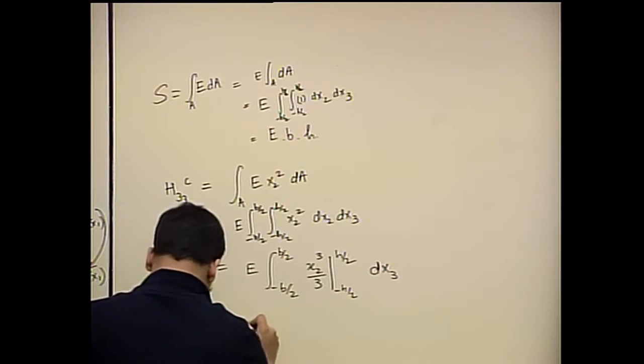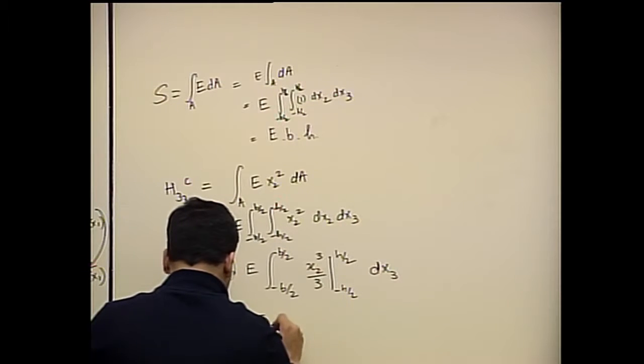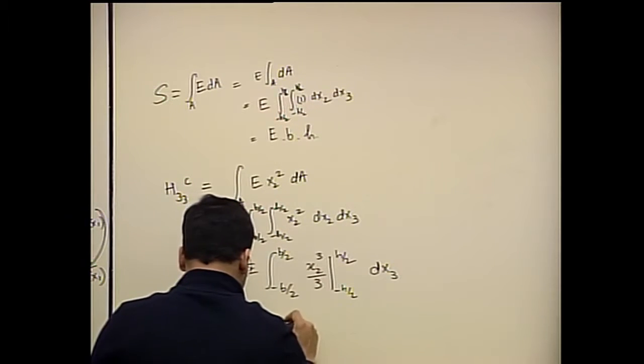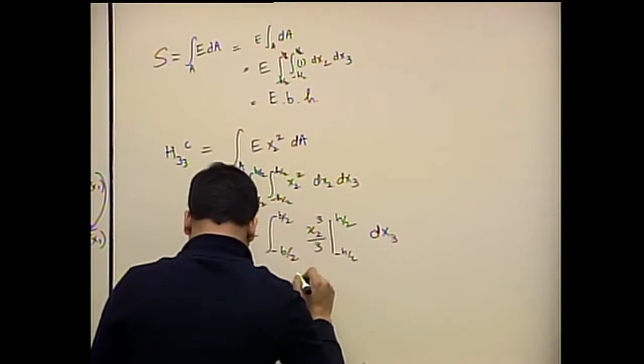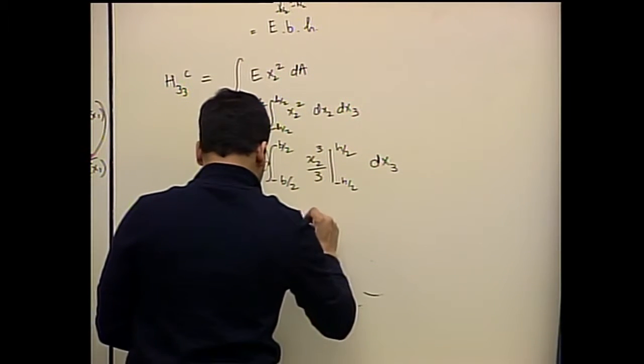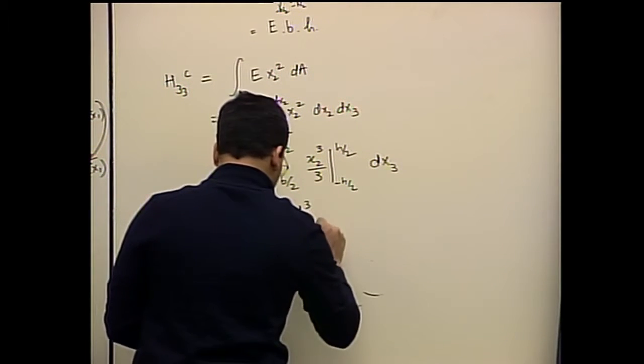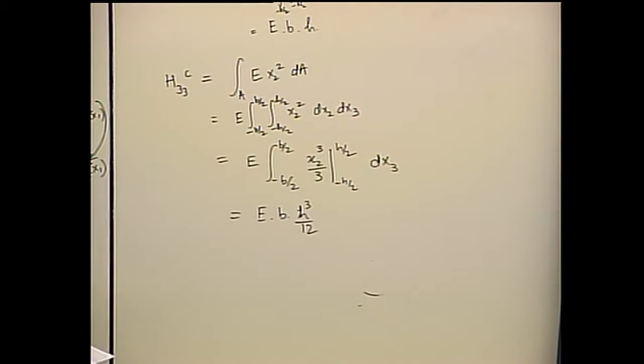So this becomes E times b times h cube over 12. Any questions?